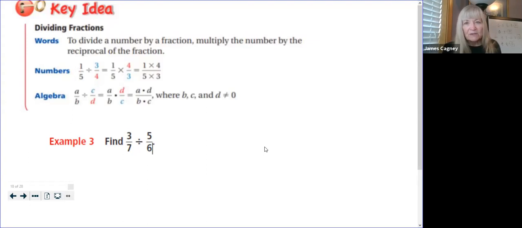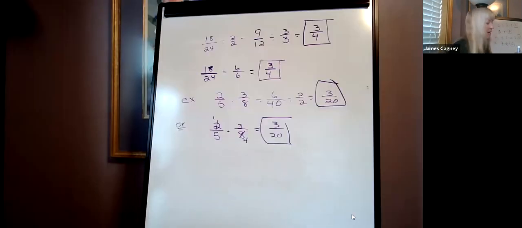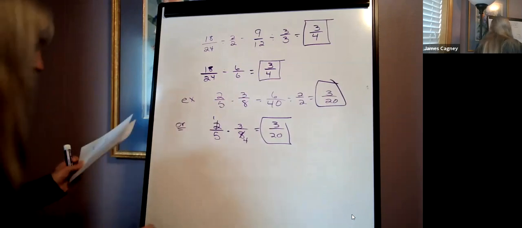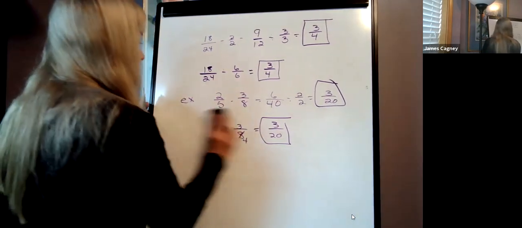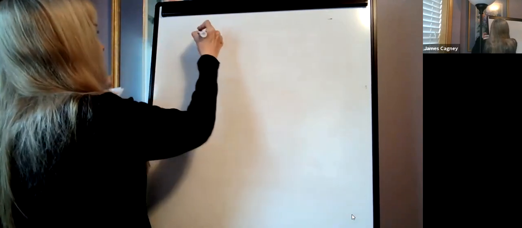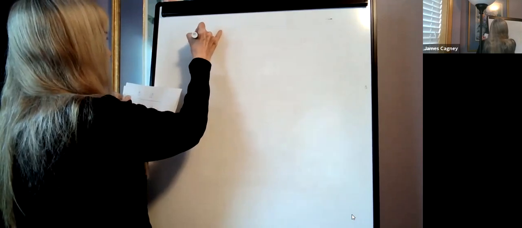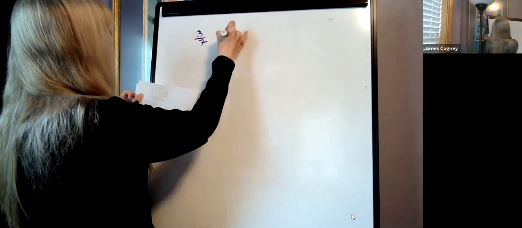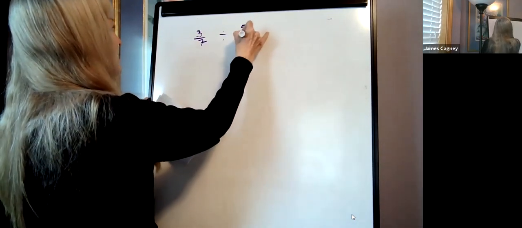And let me switch to the whiteboard. Okay, so I'm going to erase the ones that we have up here so far. So they gave us 3/7 divided by 5/6.